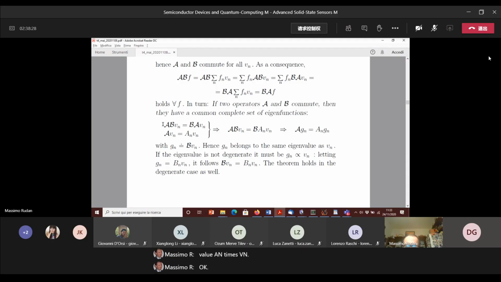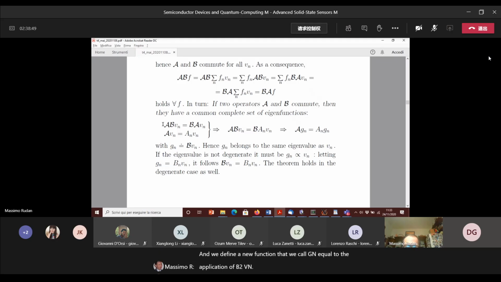And then we place, again, B inside. So we take the eigenvalue An to the left. And we define a new function that we call Gn equal to the application of B to Vn.